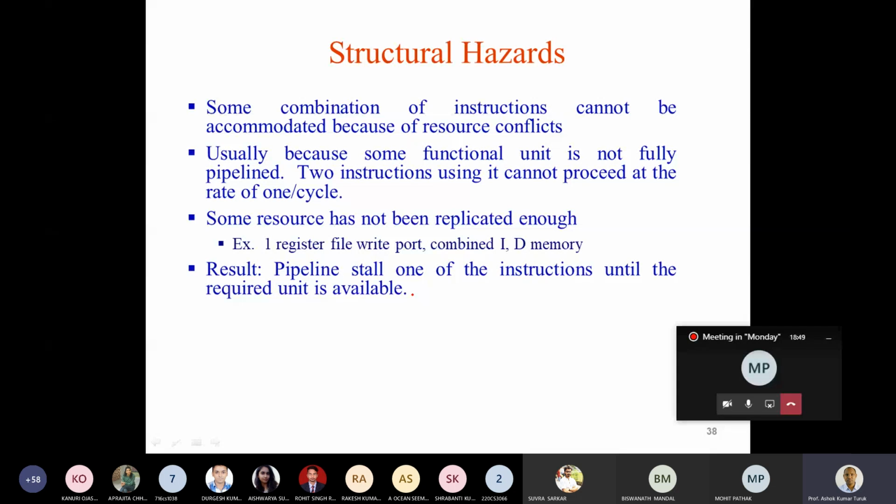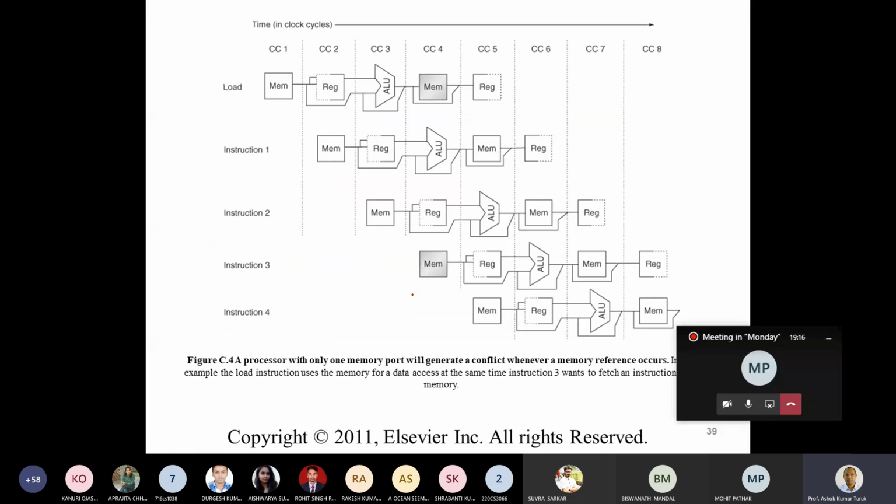One of the instructions has to be stalled: the instruction at the beginning of the pipeline needs to be stalled, and the instruction which is much deeper into the pipeline is allowed to proceed in execution. And this stall is represented by means of a bubble in the pipeline diagram.